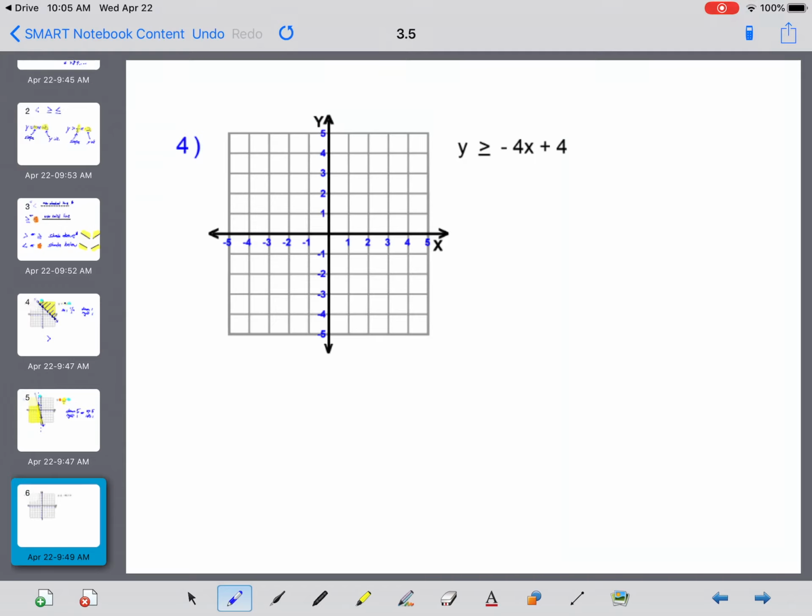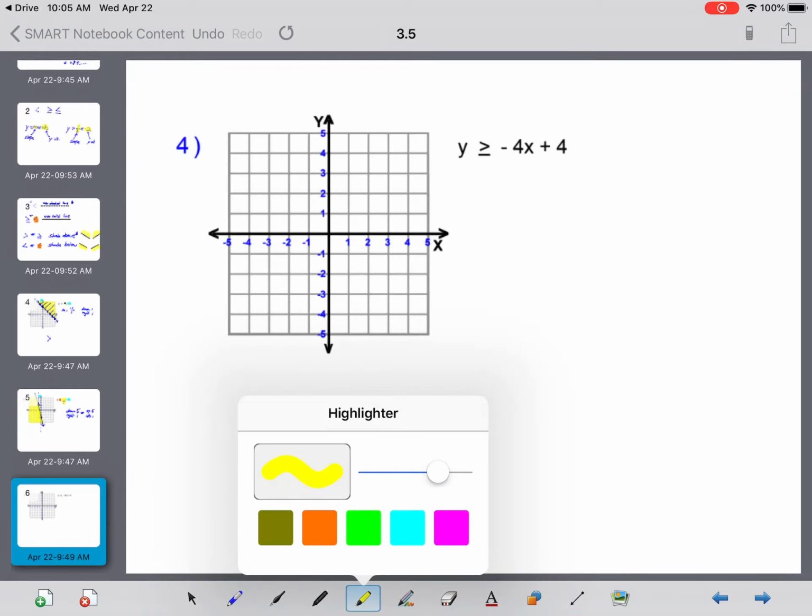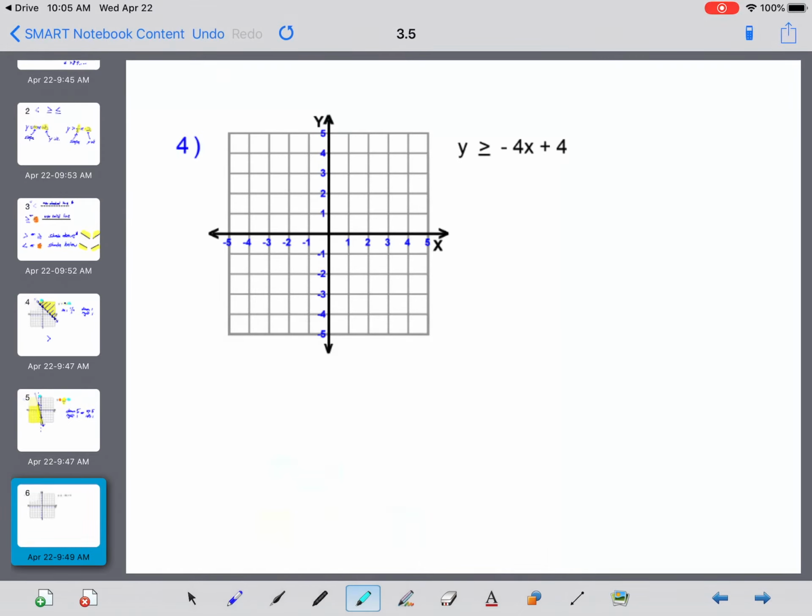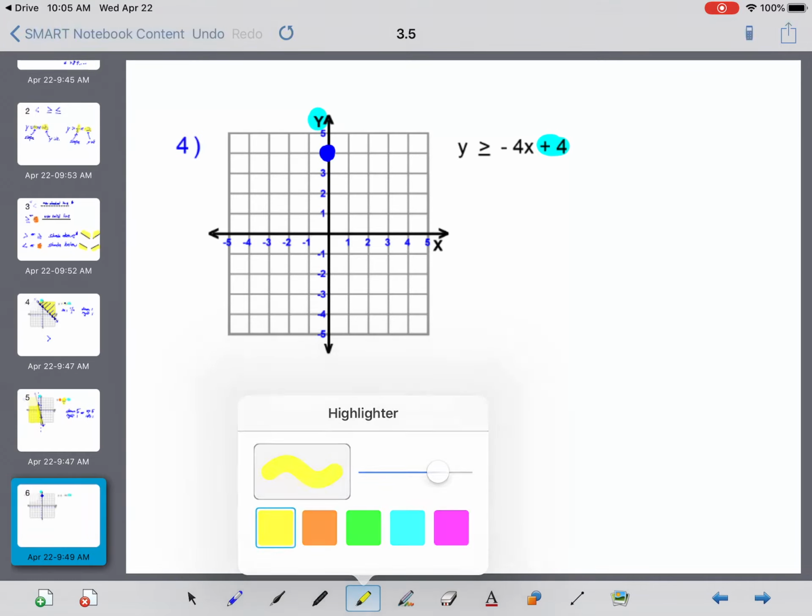My final example before I let you work is y is greater than or equal to negative 4x plus 4. Our y-intercept is at positive 4, so let's put a point right at positive 4 on the y-axis.